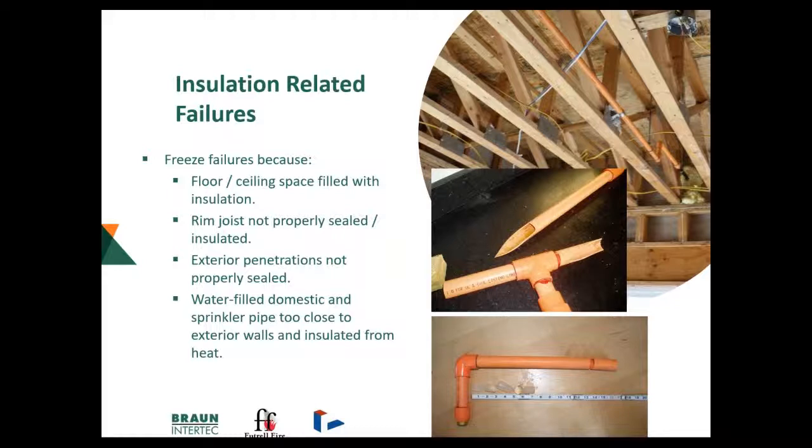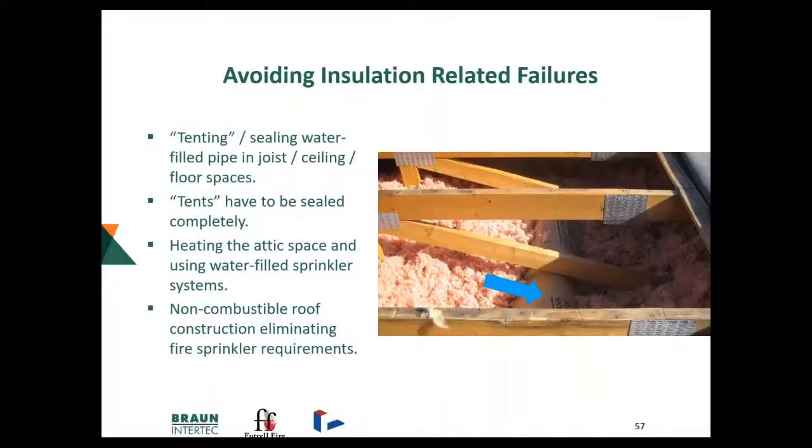The rim joist is not properly sealed and insulated. Exterior penetrations aren't properly sealed. All of those lead to air and moisture that gets in and causes our failures. And the middle picture is a freeze failure of a water-filled pipe, and the bottom picture is ice that was actually removed from CPVC before it actually failed.